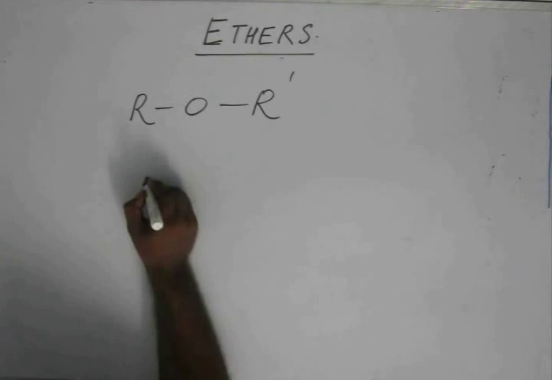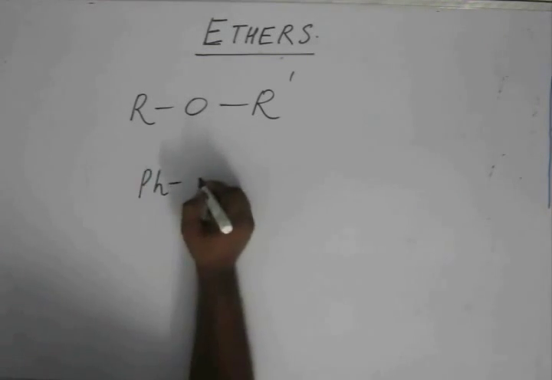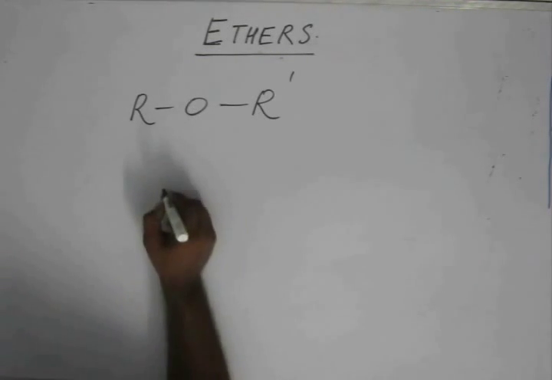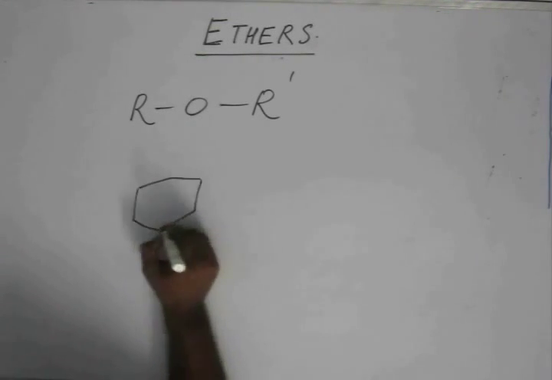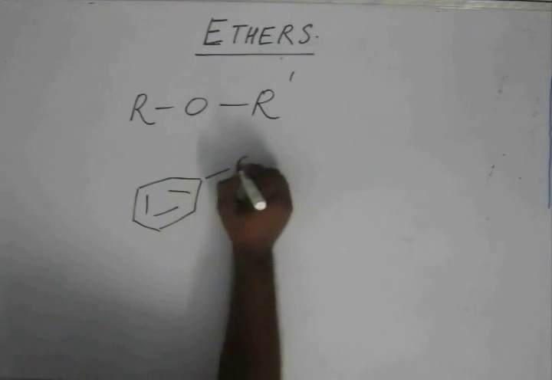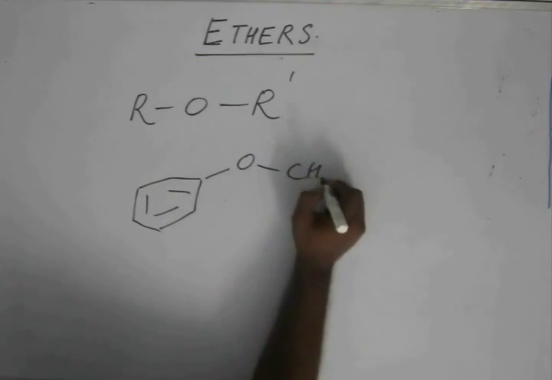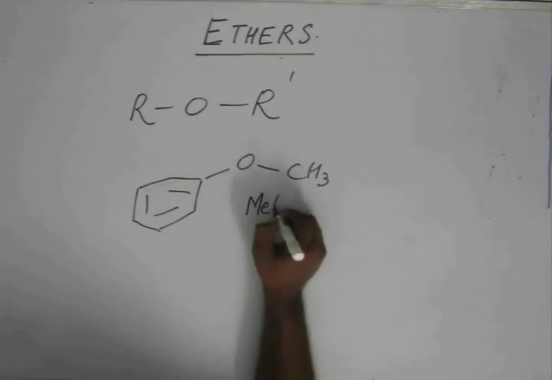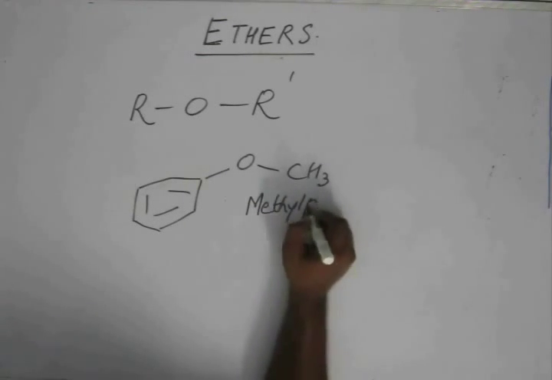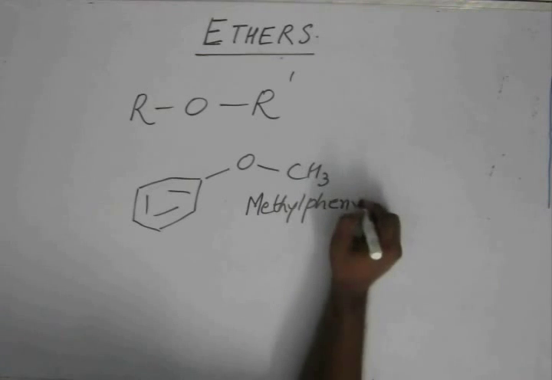Now let's take up Ph, which stands for phenyl ring. Alright, so let me draw the phenyl ring for you. So this is methyl phenyl ether.